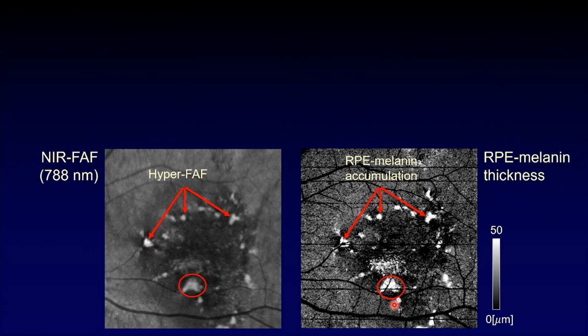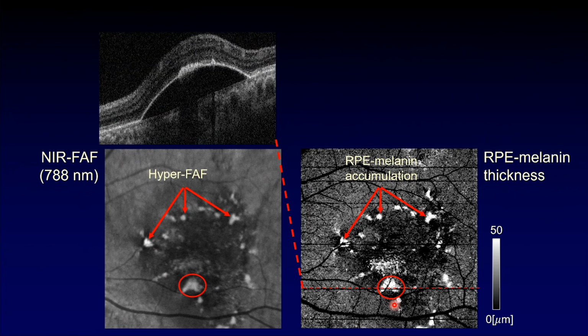But in addition to this, by using this Jones matrix OCT-based method, we can double check the three-dimensional structure, whereas FAF is only for two-dimensional investigation. Here we can see the RPE thickening. So this means the origin of this hyper FAF is this RPE thickening, retinal pigment epithelium thickening.